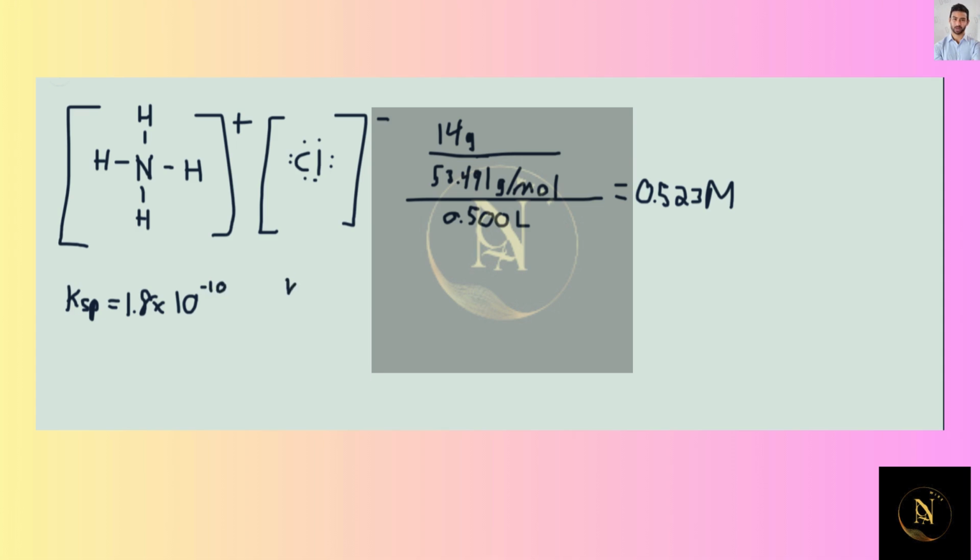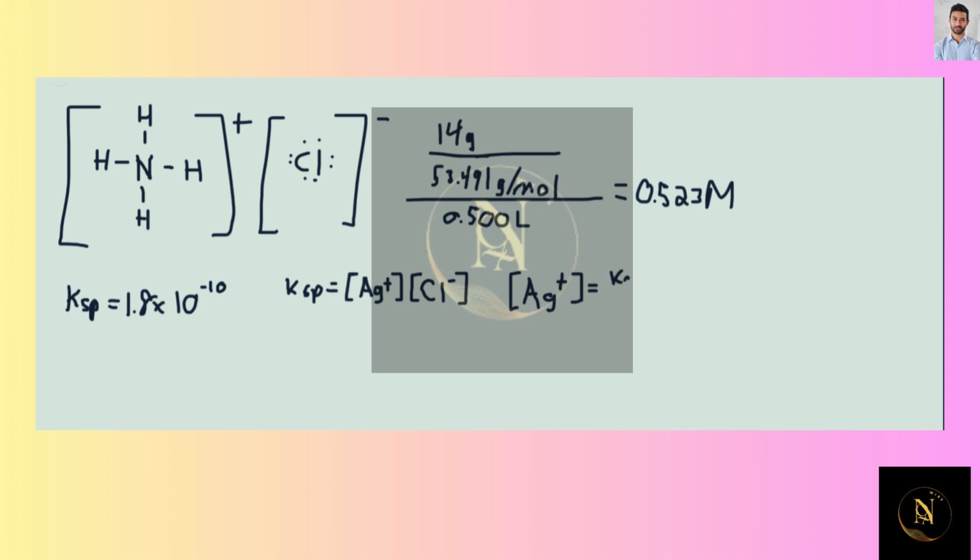So remember, Ksp is going to be equal to [Ag+][Cl-]. So the minimum concentration of silver is going to equal Ksp over [Cl-].